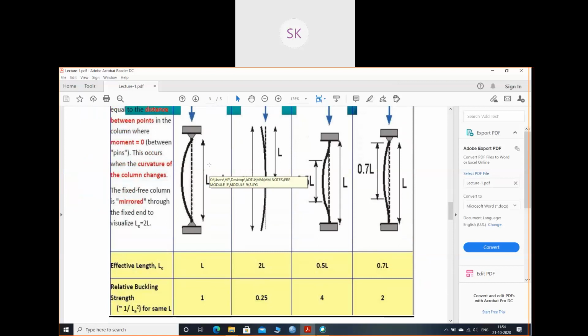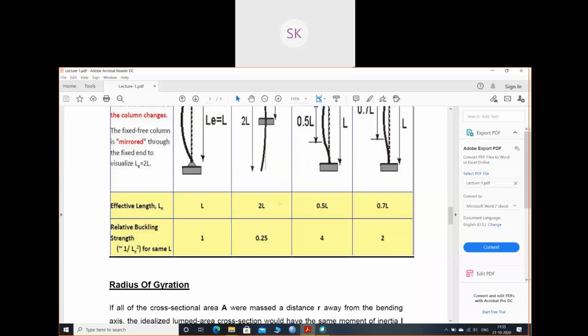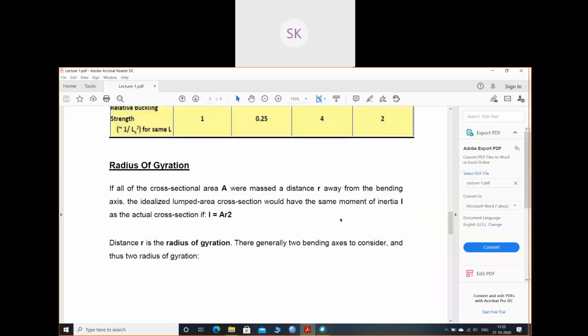They will say that your beam is hinged at 2 points, hinged at supports. So you have to use this condition. Then they may say that your beam is fixed at 1 point and hinged at one support. Then you have to use effective length equals 0.7 into L. Okay. So please mug up these values for different loading conditions.